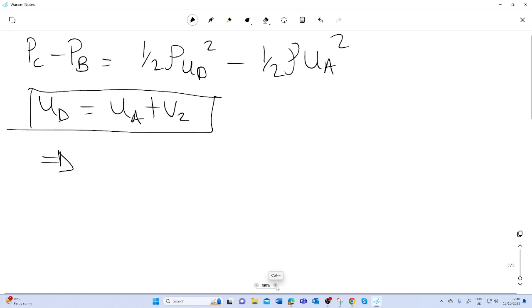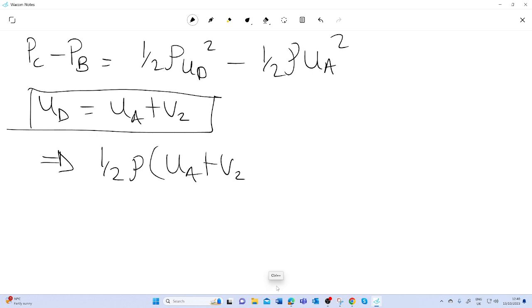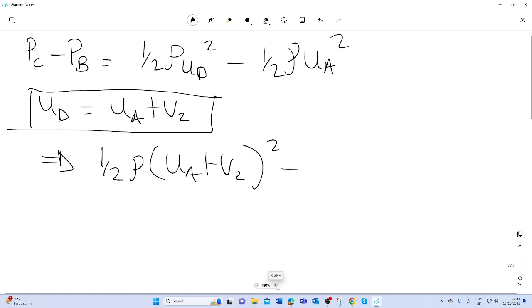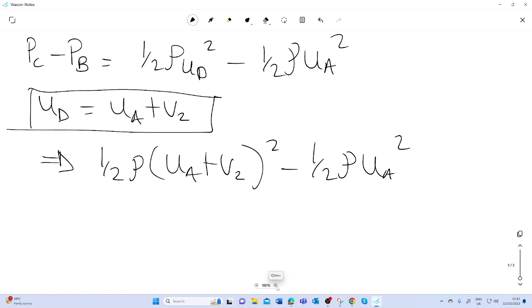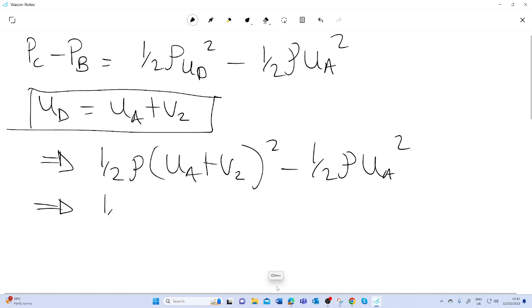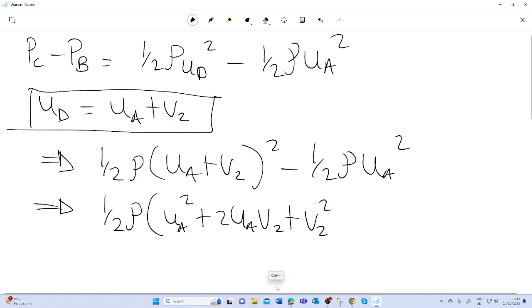This eventually becomes half rho (UA plus V2) squared minus half rho UA squared, and this will become half rho (UA squared plus 2 UA V2 plus V2 squared) minus UA squared.